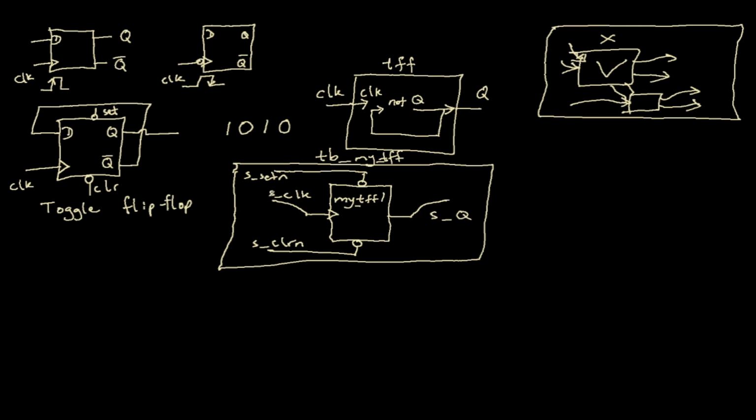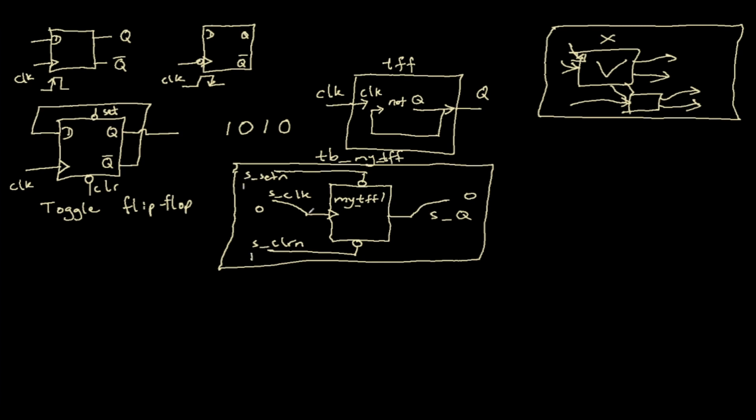Maybe one thing I should also specify is that I want to initialize my clock to 0. Because it is triggered by a positive going transition, I will initialize it to 0. So whenever I go to 1, that will clock it instantly. My Q, I will also initialize to 0. You can initialize to whatever you want. Because my set and my clear signals are active low, I will initialize each one of them to 1.